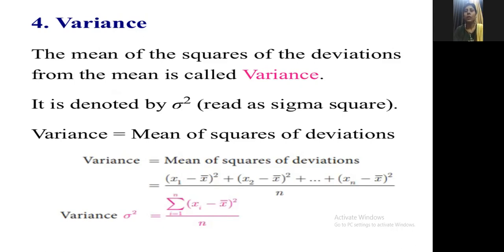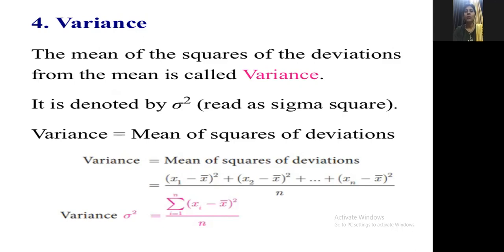And the formula we use, the symbol we use is given here as sigma square, where sigma represents the standard deviation and sigma square represents variance. So here you can understand that variance, that is sigma square, is equal to summation x minus x bar. Here we have used i equals 1 to n.